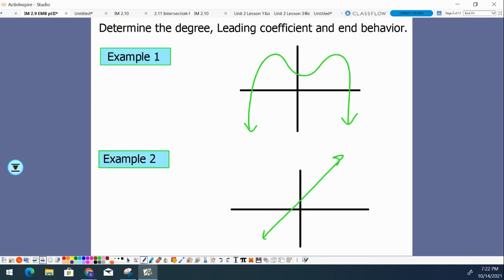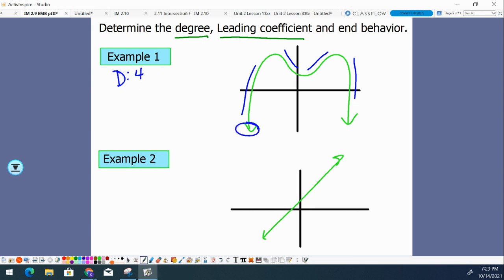So everything's dependent on the degree, which makes the shape, and the leading coefficient, if it's positive or negative. If we look at the first example, we can tell the graph is an even graph. I always talk about 1, 2, 3, 4 directions, degree 4.